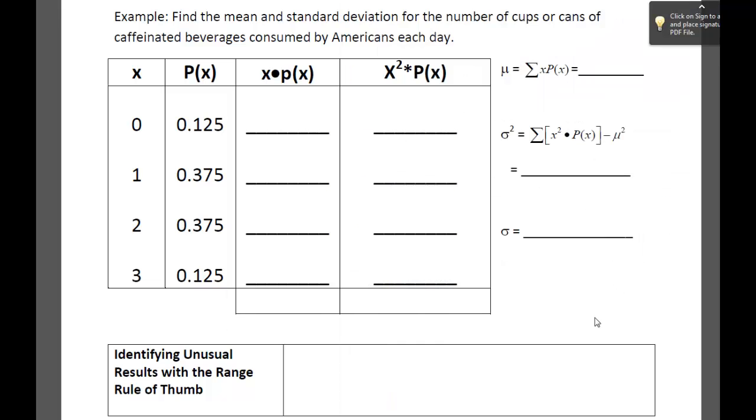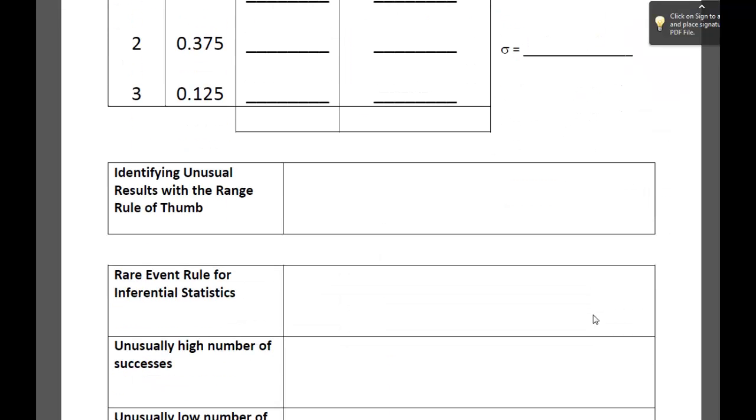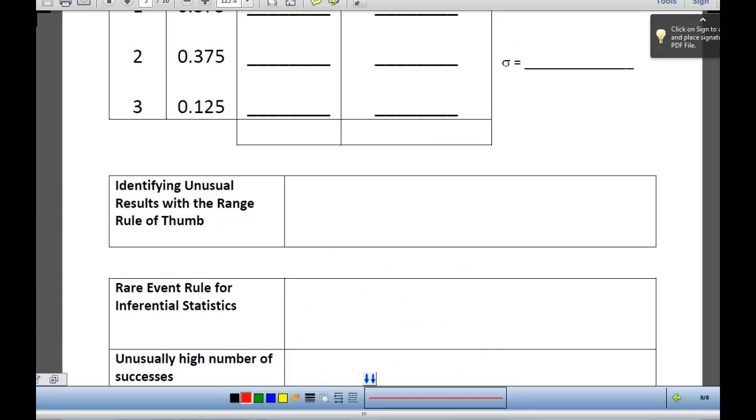Moving on. Identifying unusual results with the range rule of thumb. We talked about the range rule of thumb some time ago. Remember, the maximum usual value is going to be the mean plus 2 standard deviations, and the minimum usual value is the mean minus 2 standard deviations.